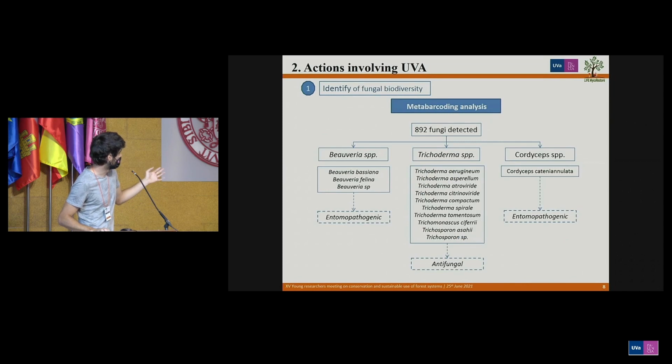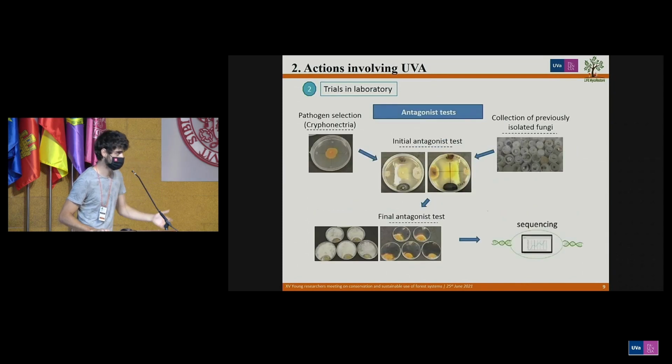After the identification of all the fungal biodiversity, we go to the next step, that is the trials in the laboratory. With all the collection that we have from the culturomics, we take these fungi and we put them in the same plate with a pathogen. In this case, it's Cryphonectria, that is a disease of the Castanea sativa, of the chestnut.